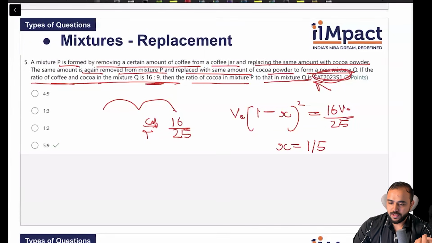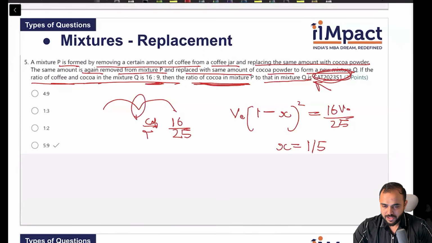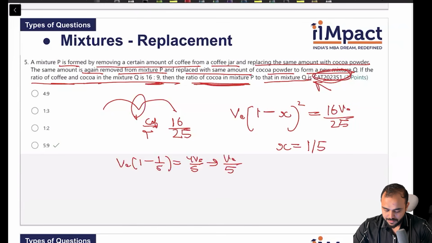Now you have to find what? Ratio of cocoa in mixture P. So P is after one iteration. What is the coffee in mixture P? V naught into 1 minus 1 by 5, which is going to be 4 V naught by 5, which means V naught by 5 is going to be the cocoa in mixture P. What will be the cocoa in mixture Q?